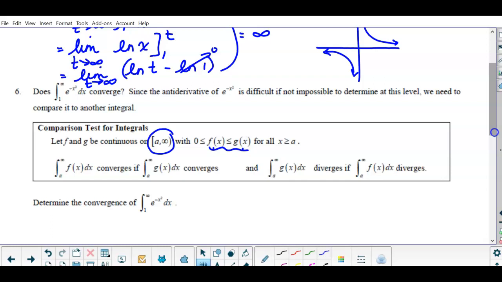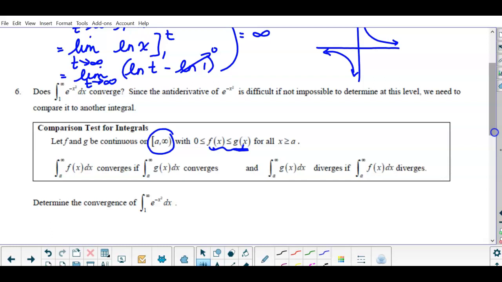Okay, so it's kind of like the sandwich theorem, that kind of thinking, right? So if we know what happens to g of x, and f of x is between 0 and g of x, then f of x will converge as well. Then, and this on your notes, hopefully I fixed it. I think it said f of x diverges if g of x diverges.